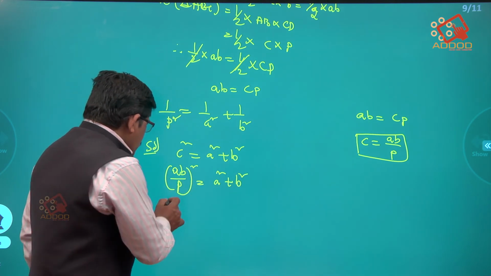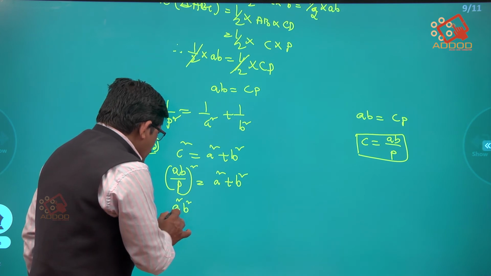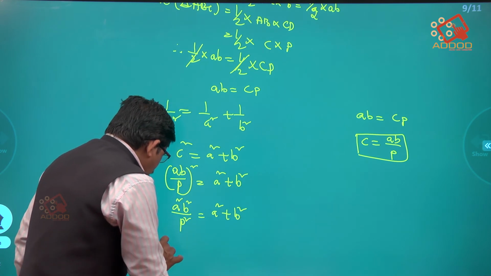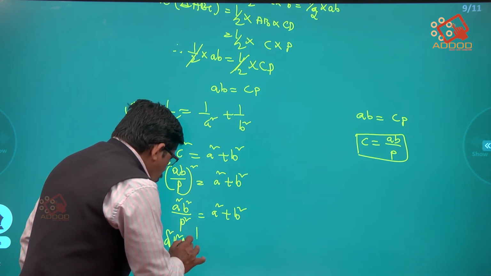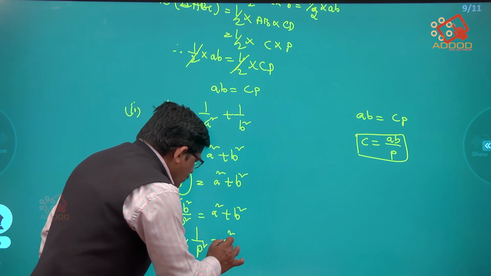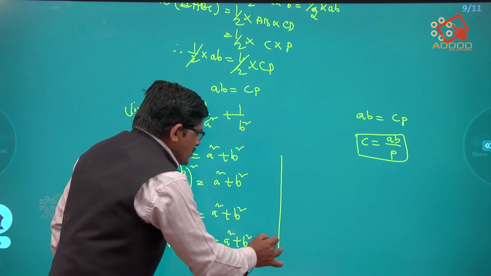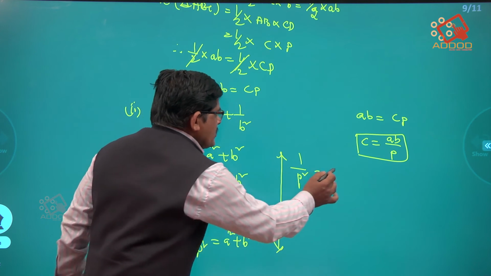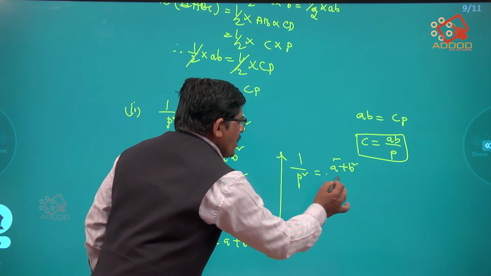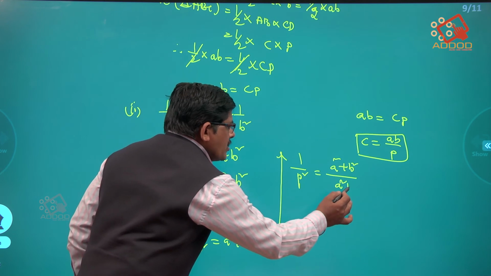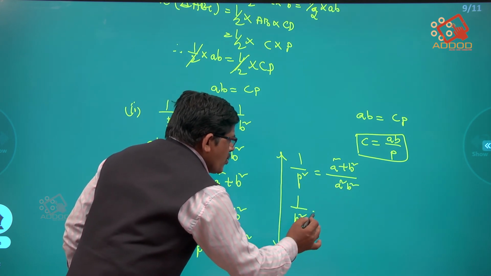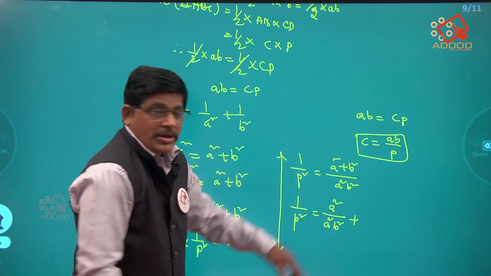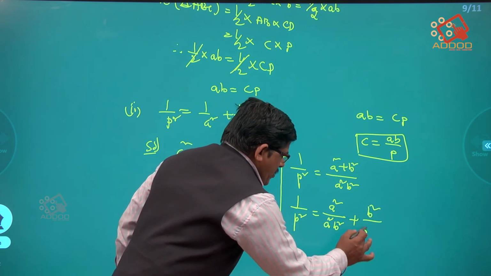Then A square B square by P square is equal to A square plus B square. So A square B square into 1 by P square is equal to A square plus B square. Then 1 by P square is equal to A square plus B square by A square B square, that is A square by A square B square plus B square by A square B square.